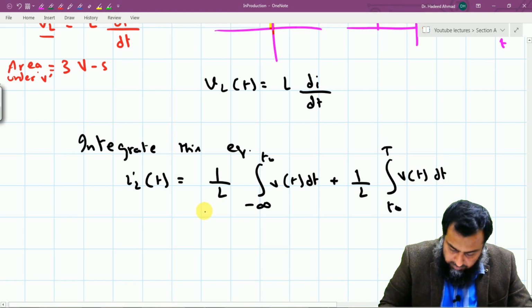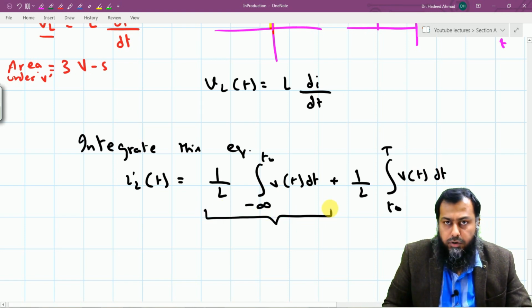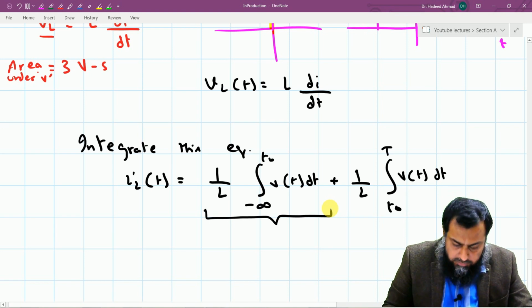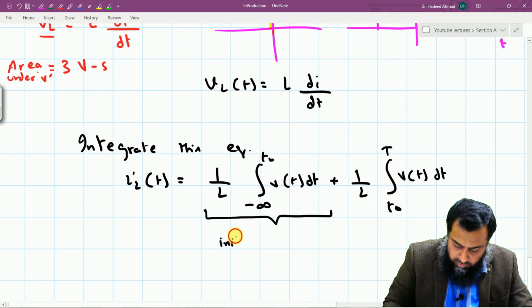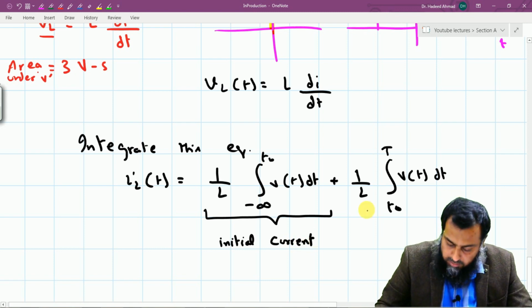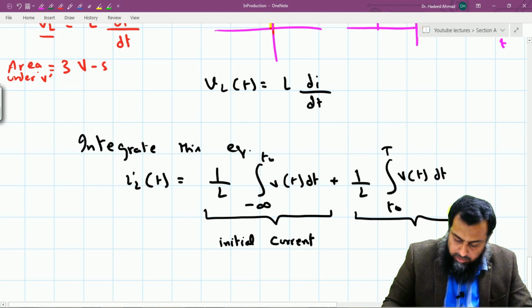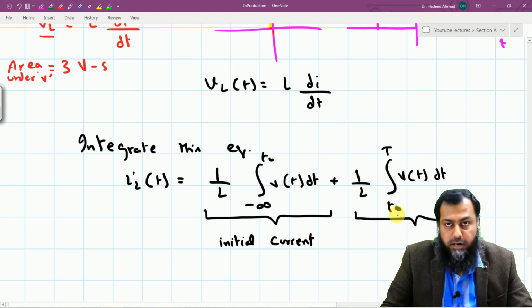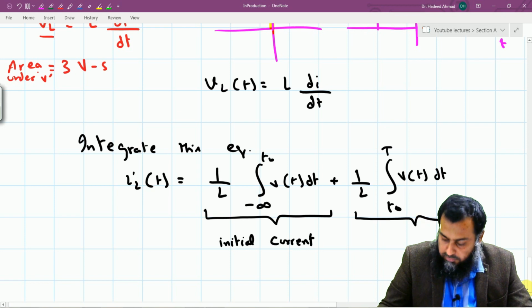In here, this particular thing is not known, and generally it is not known. However, this particular part is known as the initial current of the inductor, or the initial current flowing through the inductor, whereas this part is known as the instantaneous part, which is happening with the passage of time.